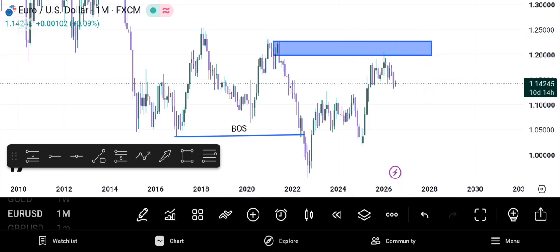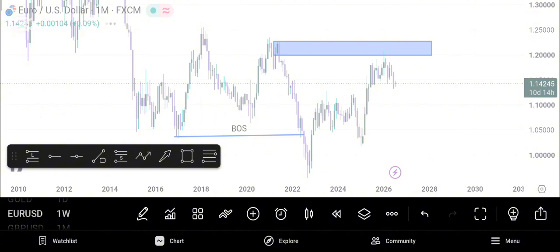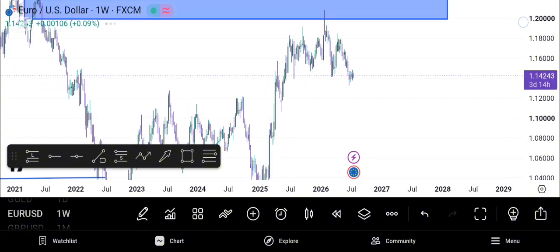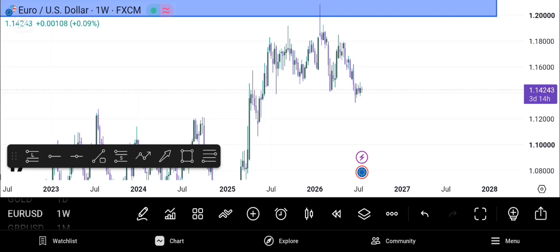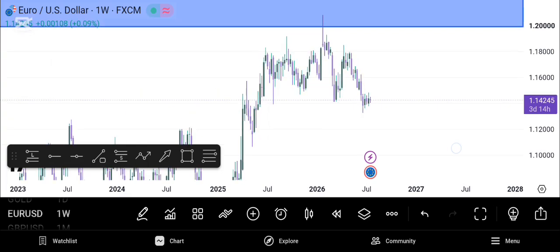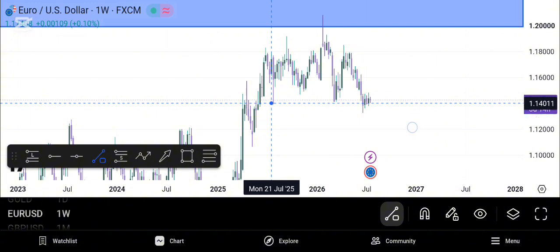That being said, we go down to the weekly time frame to see what we have. From the weekly time frame, we can read structure very well.